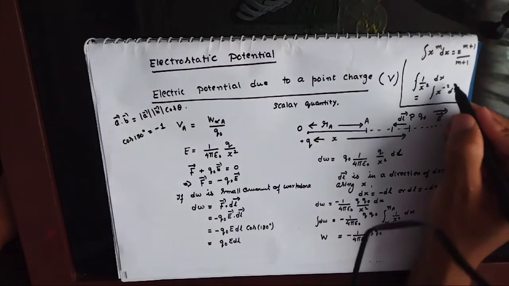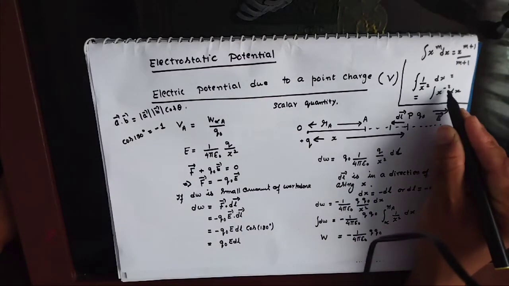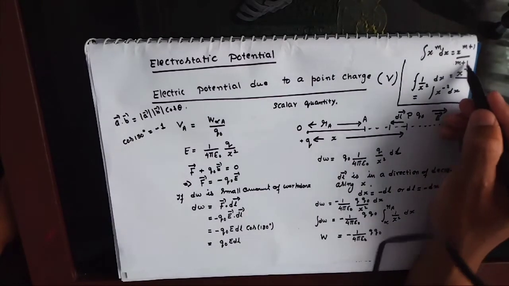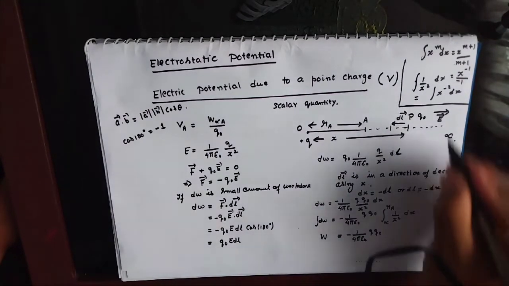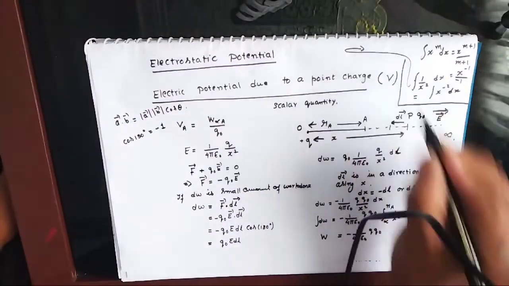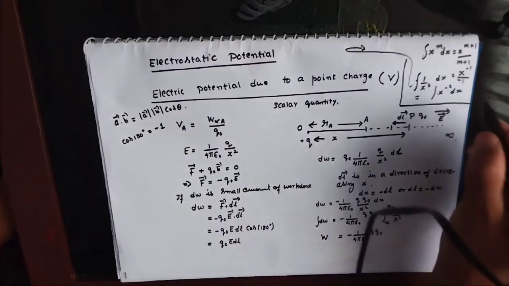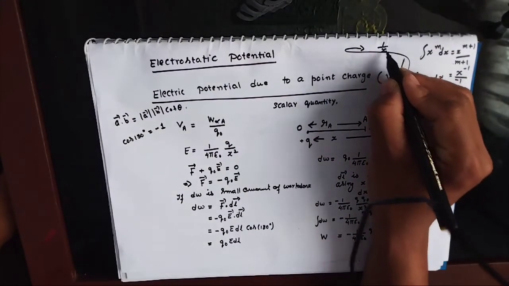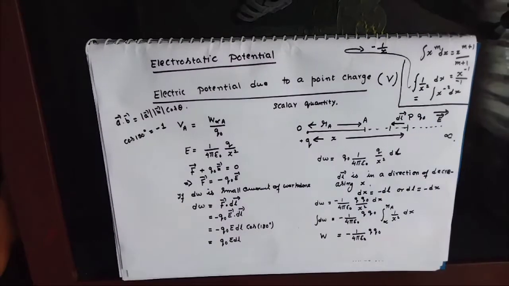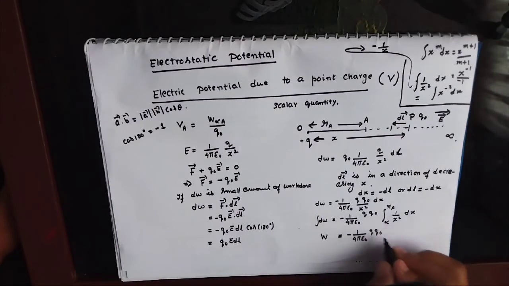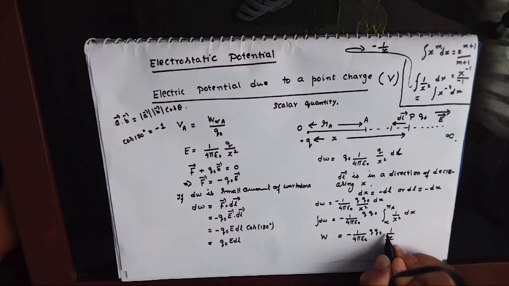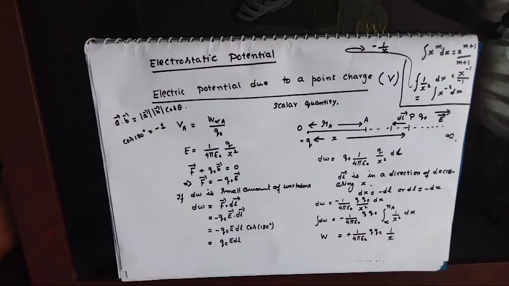So minus 2 plus 1 will have x to the power minus 1, then divide by minus 2 plus 1, which is minus 1. So the integration of this is nothing but 1 by x with minus. Therefore, the integration of this is minus 1 by x, and the minus will become plus.